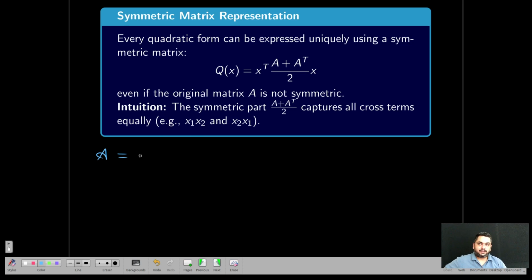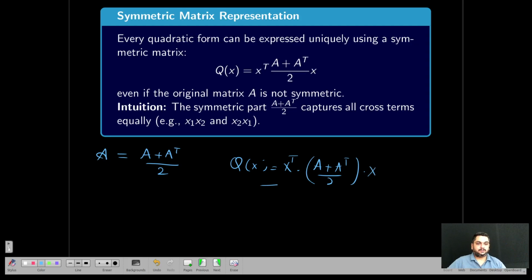To make any matrix symmetric, I take A plus A transpose and divide by 2. So q of x becomes x transpose into (A plus A transpose)/2 into x. This is the standard matrix notation for your quadratic equations.